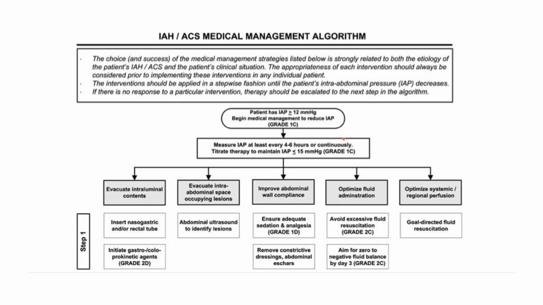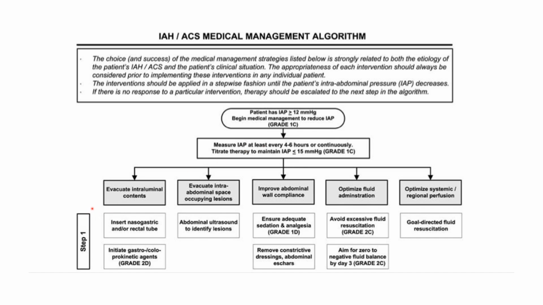It is usually given grades, like grade 1A, 1B, 1C, according to the reading, but it's not quite important in the pediatric population. But we have a patient with increased intra-abdominal pressure.